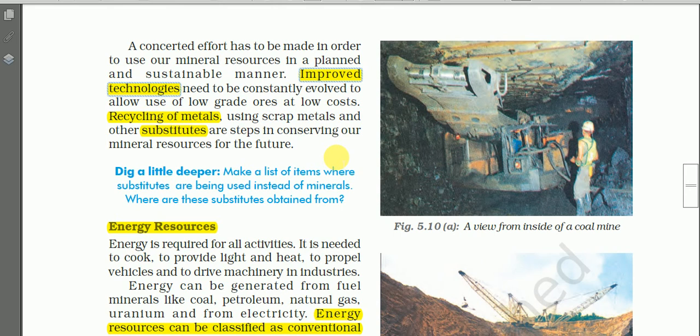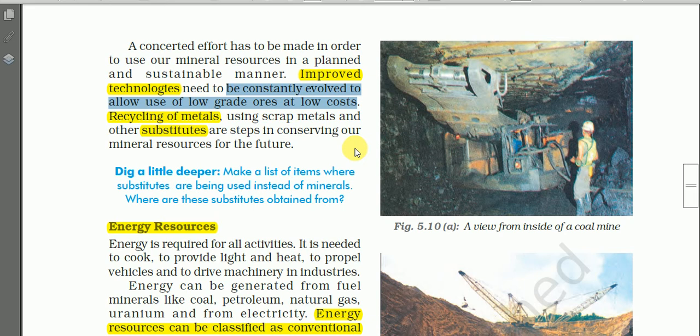Improved technologies need to be constantly evolved to allow use of low-grade ores at low costs. It means that we need to innovate new technologies to allow use of low-grade ores at low cost.